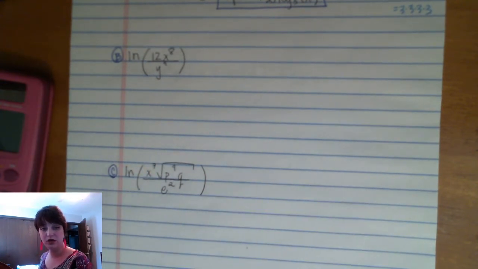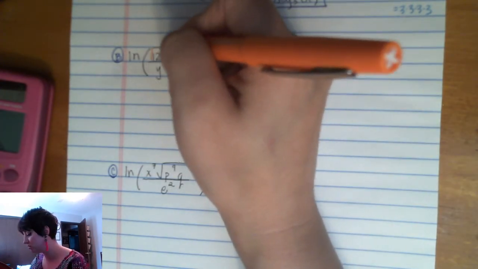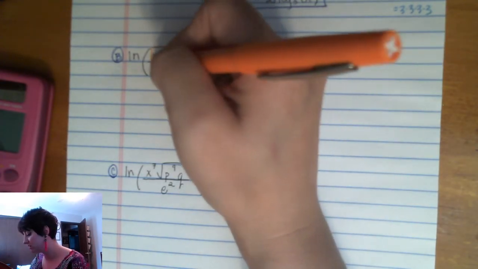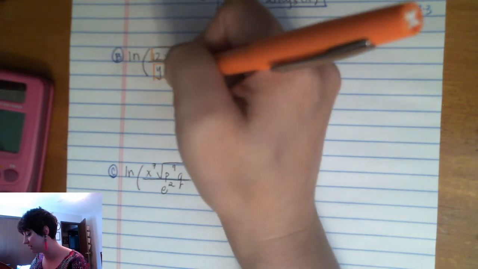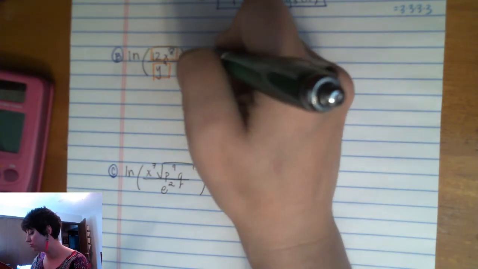For this one, natural log of 12 x to the 8 over y to the 9th. So there's a couple things happening. I have a quotient. So I have something divided by something. So I'm going to use rule 2 to rewrite this.